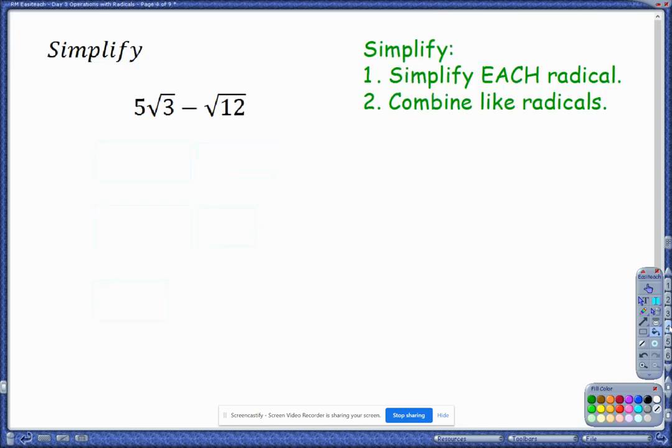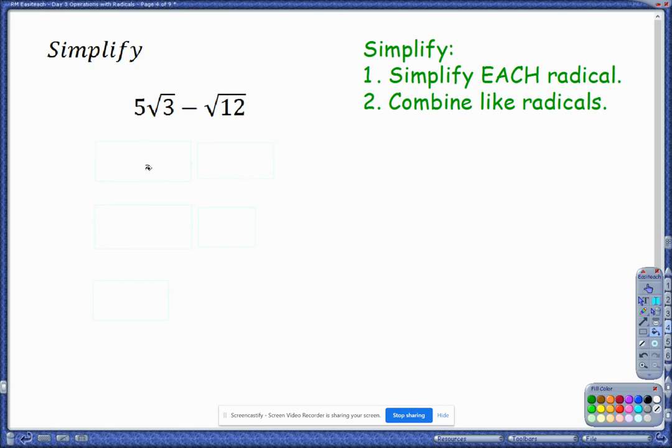So now here's a question for you. It says 5 radical 3 minus radical 12, and radical 3 and radical 12 don't look like like radicals. They don't look as if they have the same number as the radicand. However, the second one can be simplified further. So you want to look at each term and see if you can simplify each radical.